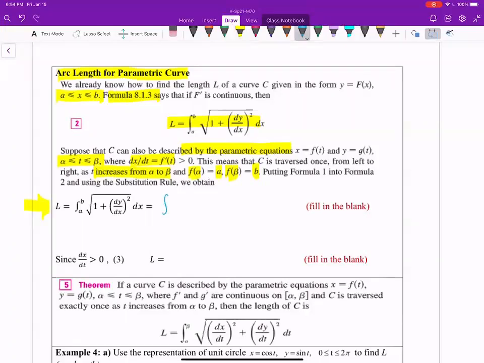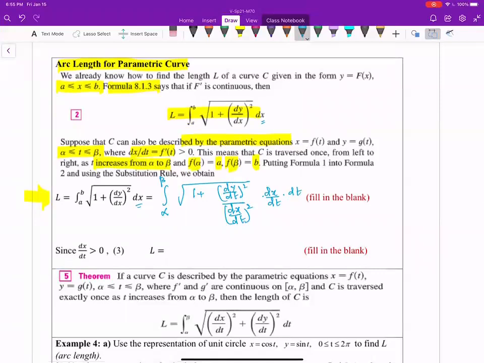So a to b becomes alpha to beta, then square root of 1 plus dy by dt the whole square by dx by dt the whole square, because dy by dx is dy by dt over dx by dt, times dx, which we write as dx by dt times dt.